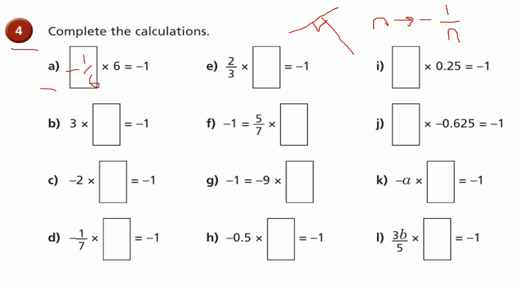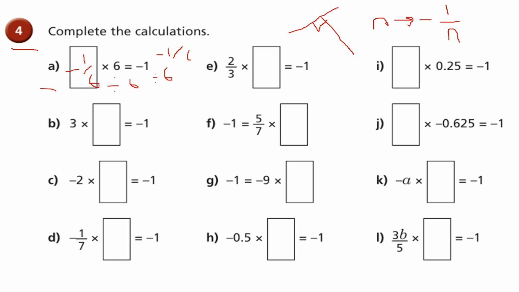I got that by dividing both sides of my equation by 6, the opposite of times by 6. So the blank, or you can call it x, would be equal to -1 divided by 6, or -1 over 6.